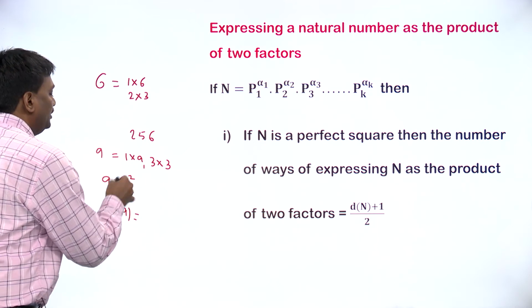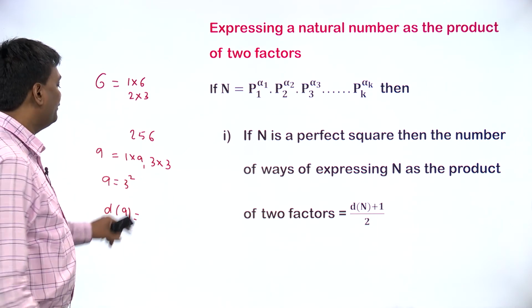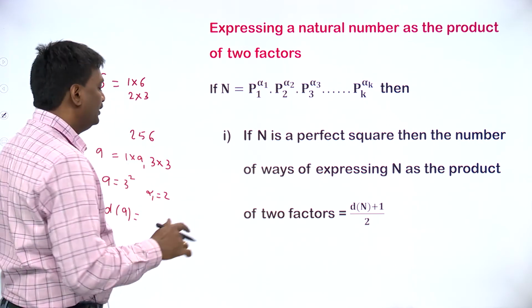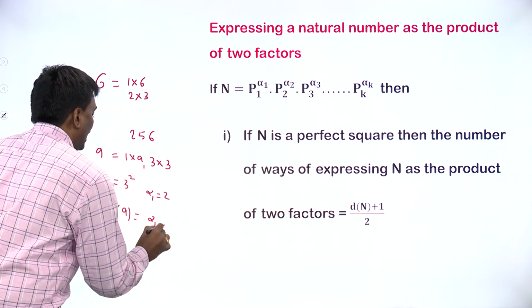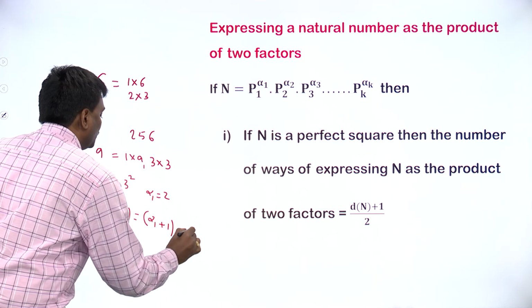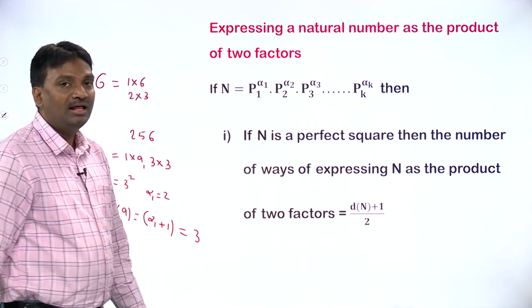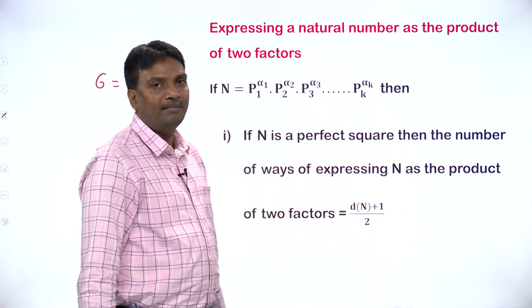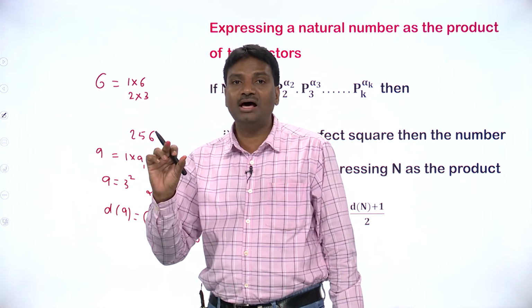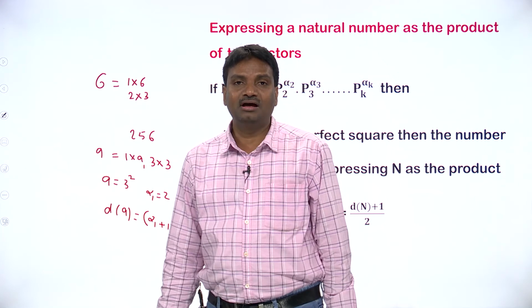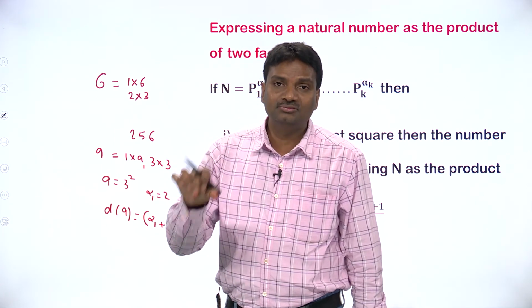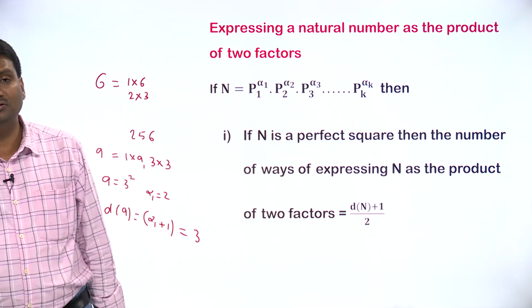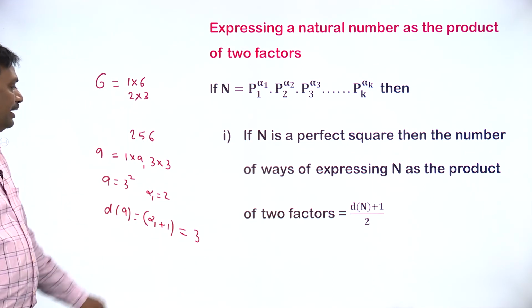If we compare this with p1 power alpha 1, where alpha 1 equals 2, we have only one number, that is alpha 1 plus 1, so that is 2 plus 1 is 3. The number of factors of 9 is 3, those are 1, 3, 9.